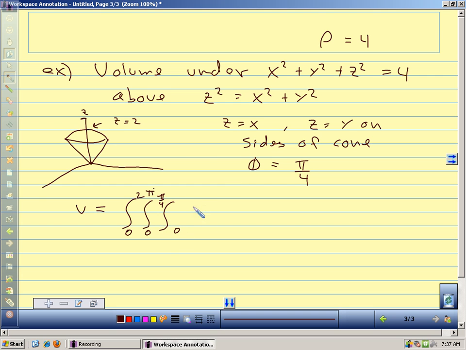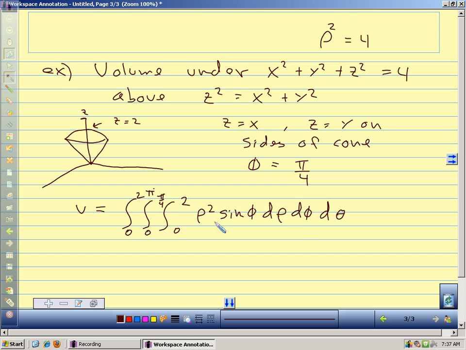Rho varies from 0 to 2. This is rho squared equals 4. And my volume element, rho squared sine phi d rho d phi d theta.